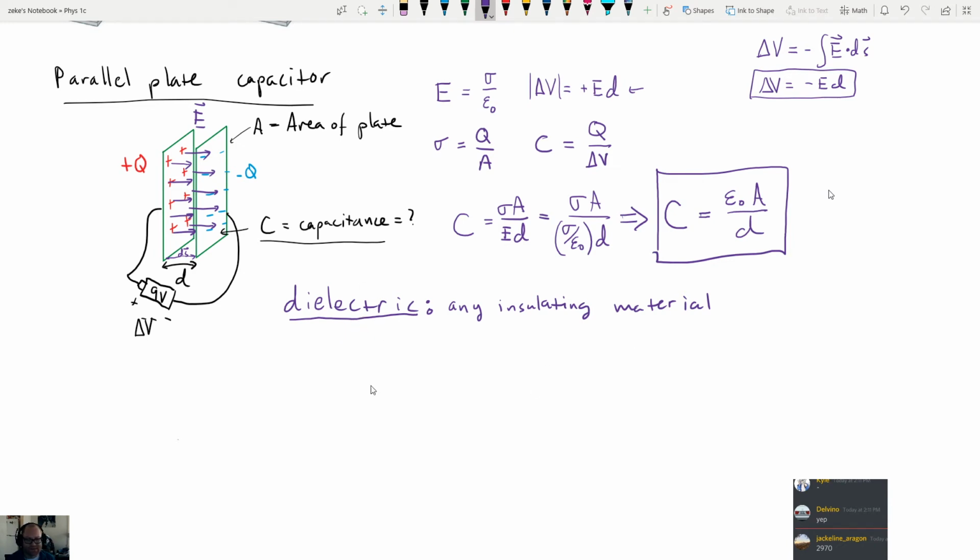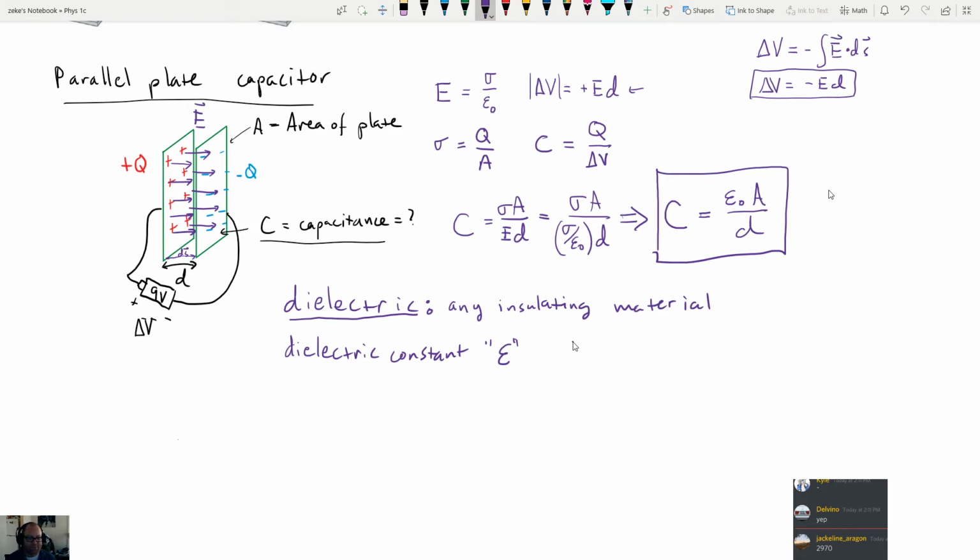But it's really any insulating material that you then place between these plates. And any insulating material is going to have something known as the dielectric constant, given by the symbol epsilon. So it's like epsilon naught, but with no subscript.